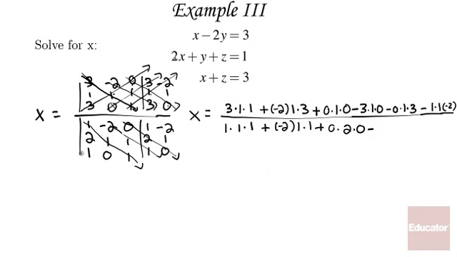Now, subtracting, starting down here, 1 times 1 times 0. Subtracting 0 times 1 times 1. And then finally subtracting 1 times 2 times negative 2.